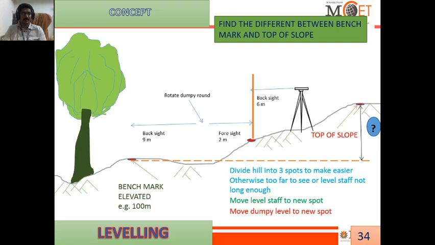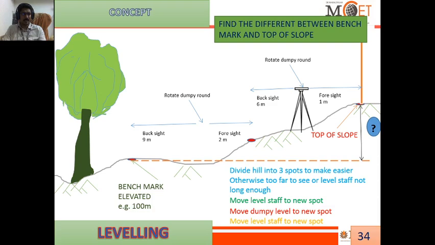The backsight is 6 meter. Next, the dumpy level is rotated towards the top of the slope, and the leveling staff is also moved over it, right? Then along the line of sight to the staff, we obtain a reading of 1 meter.